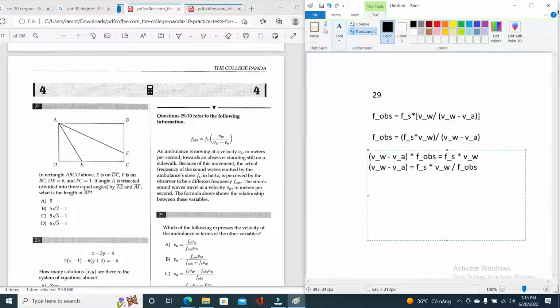Alright, so now we're going to move things to the other side a little bit. We just twist it a little bit. So VA now is equal to, we put VA on one side and everything else on the other side.